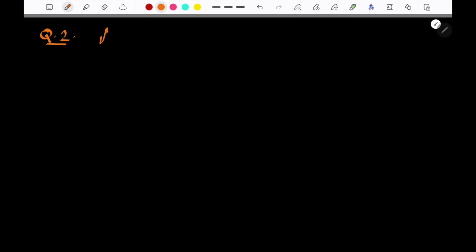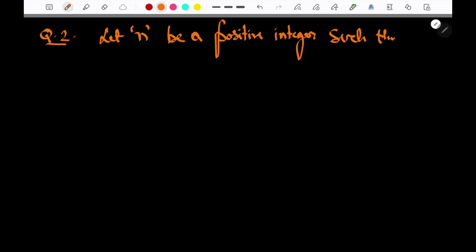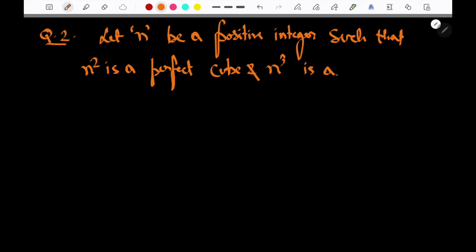So it says let n be a positive integer such that n square is a perfect cube and n cube is a perfect square.